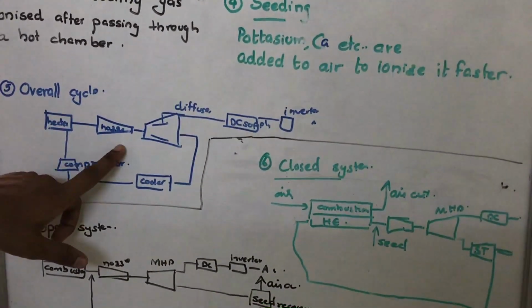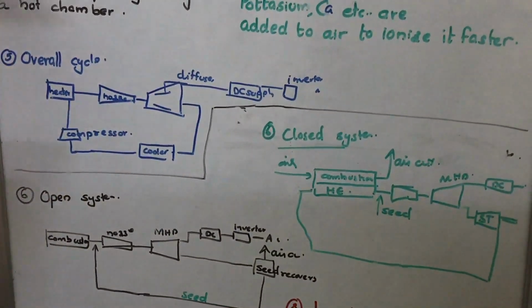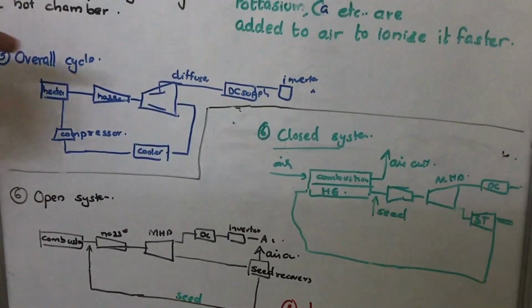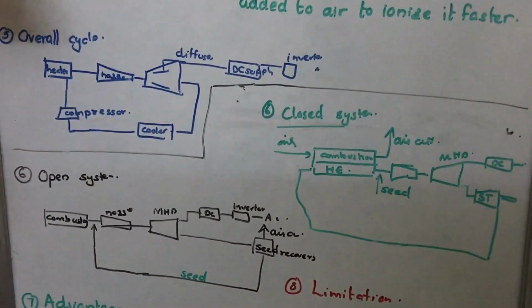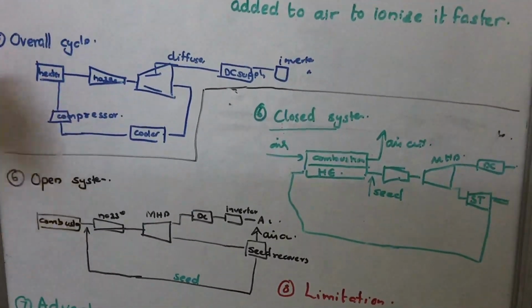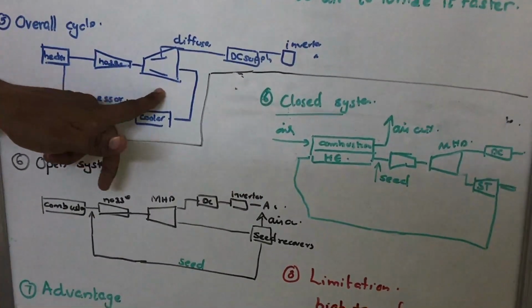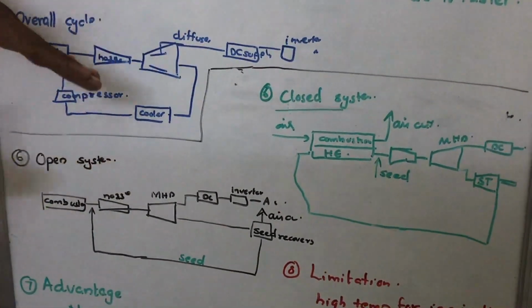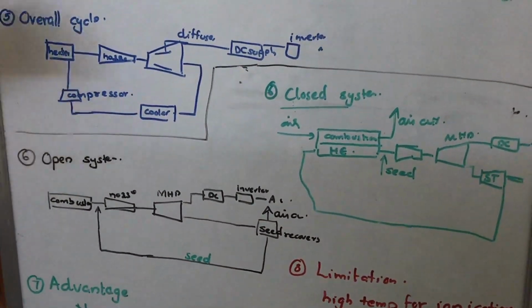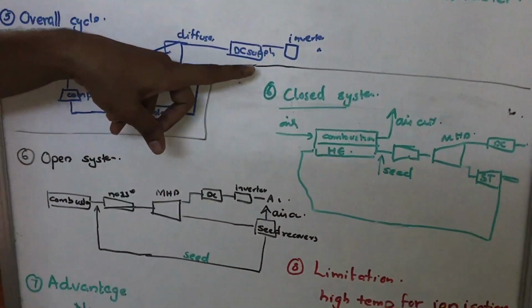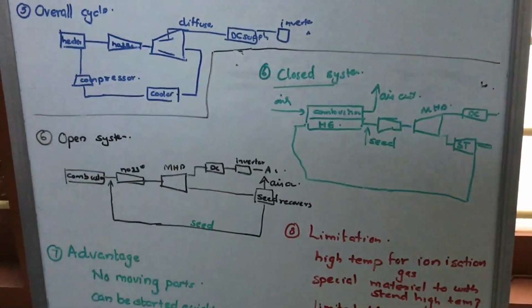Then it is passed through a nozzle, which imparts velocity to our gas, and then it is supplied to the diffuser. Inside the diffuser there are electrodes where we create this energy, and we obtain it as DC supply. Sometimes we use an inverter so that we can take out AC supply.